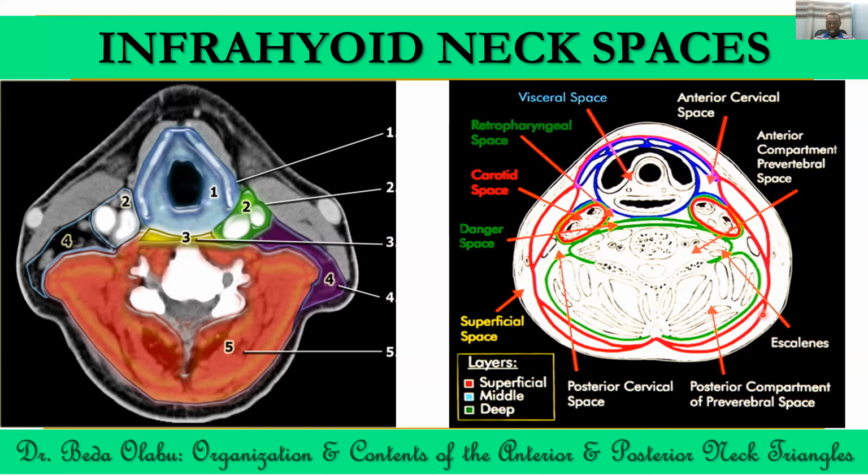The mid layer of the deep cervical fascia is the one we can call blue, if I'm right. And that one is the one we call the visceral fascia, or otherwise called the pretracheal fascia. Then the deep layer of the deep cervical fascia is the one in green, which we call the prevertebral fascia, although that term may also be a bit loose because the fascia goes round.